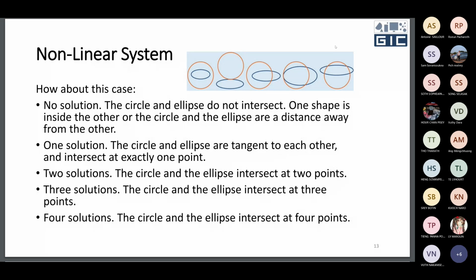You can ask me, teacher, do you have infinite solutions? Actually, in this case, we do have infinite solutions. When the circle overlaps with the circle, it means that you have only 2 equations, but the 2 equations have the same parameter, the same degree, and the same structure. So when you have overlapping equations combined together, you will have multiple infinite solutions.